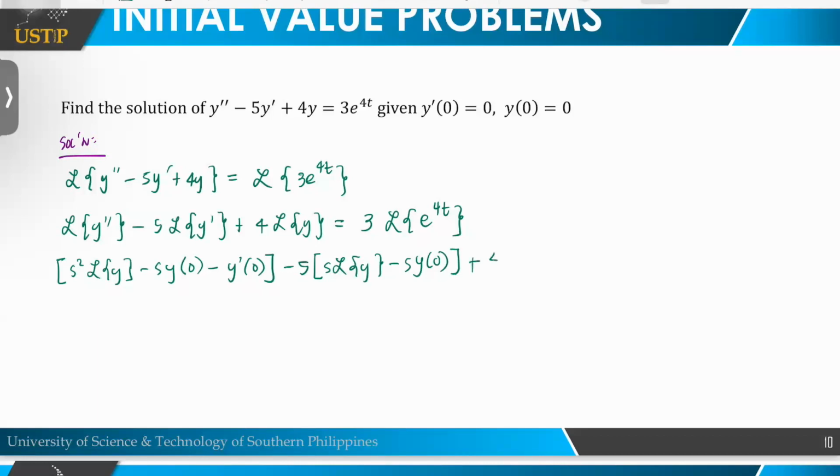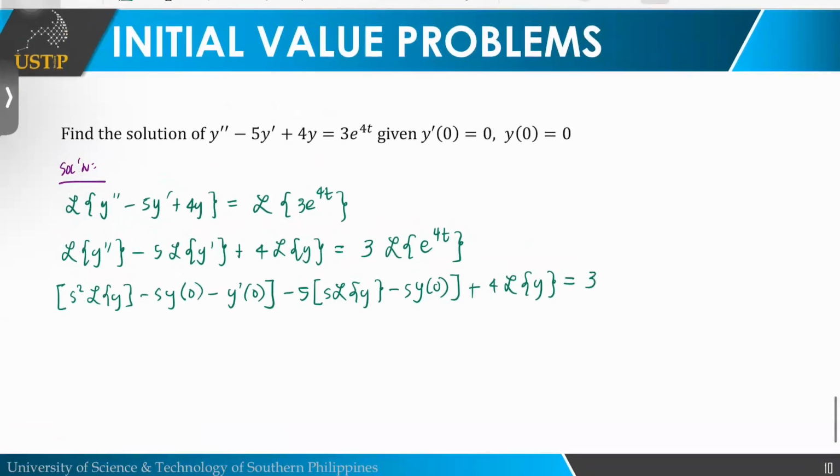Plus 4 Laplace transform of y. That is the left side. On the right side, we have 3 times the Laplace transform of e to the 4t, and that is just 1 over s minus 4. Okay, so that's all there is to it. Let's substitute the values, class. Now, we are given that they are all 0, so we have no problem. We put 0 for y of 0 and y prime of 0.